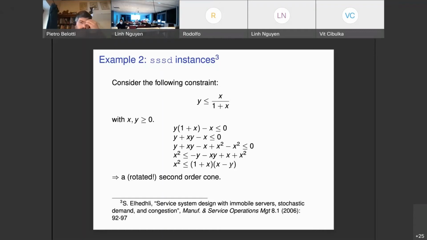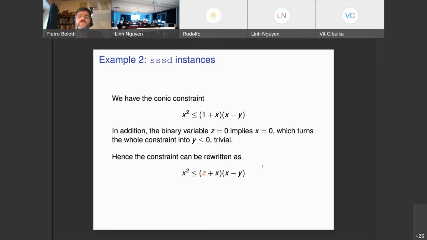And it's not only a second order cone, because as you can see, there's a one here, which makes this constraint actually a non-homogeneous quadratic constraint. So what you could do is the following. We also know that for that specific instance, there's a variable z, which implies x equal to 0. Now, this is not too important, but if x is equal to 0, basically the constraint is useless.